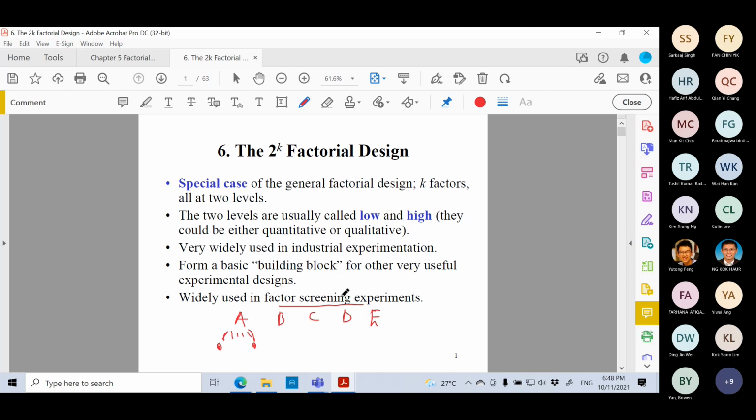After you screen it out, this is very useful for other experimental designs, because the 2 power of k factorial design can become the 2 power of k fractional factorial design, which means that you only run a certain fraction. So they can be useful for other designs once you perform the factor screening.